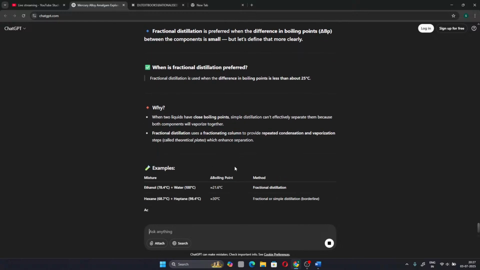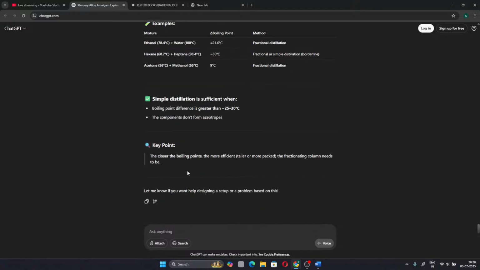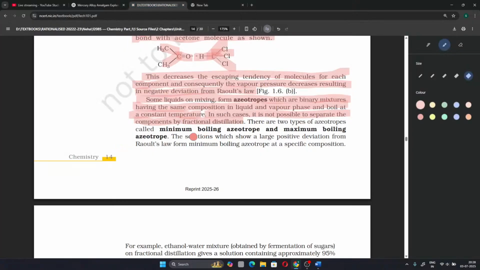If they have close boiling points, when the boiling point difference is less than 20 to 25 degrees, that is where we use fractional distillation. Because we can separate such solutions using fractional distillation, these are not azeotropes. Solutions we can separate via fractional distillation don't form azeotropes, and azeotropes cannot be separated by fractional distillation.